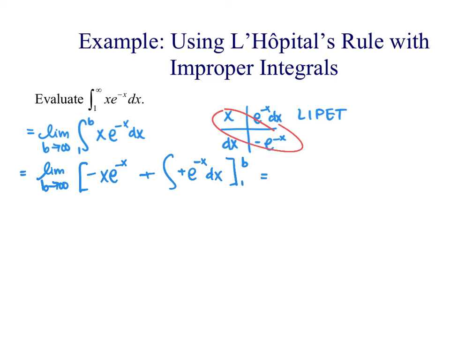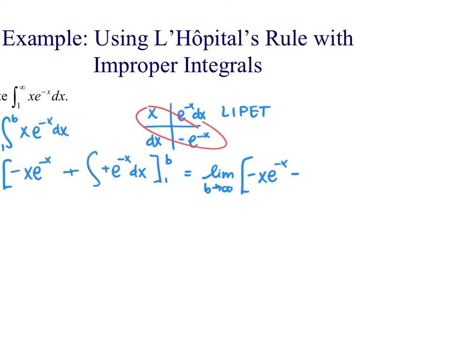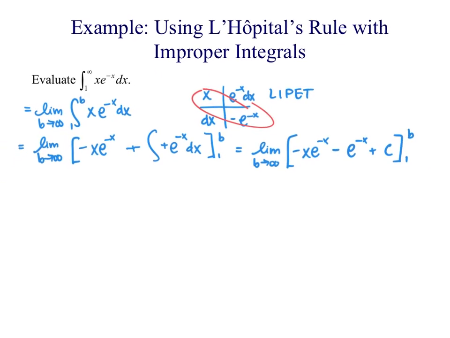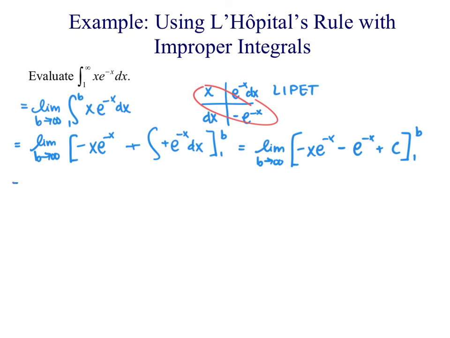And then we can simplify that by evaluating the integral. So negative x e to the negative x minus e to the negative x as the antiderivative of the second integral, going from 1 to b. Okay, again, don't put your infinity in until after you've put your b in as your bounds.